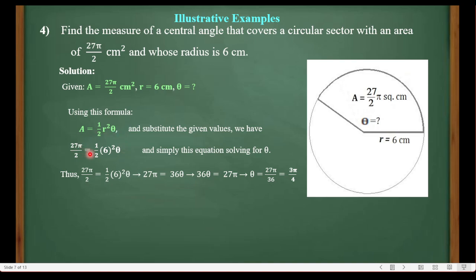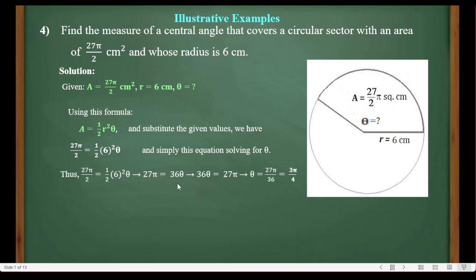So kinopya lang natin and look what happened at the end. So basically, you multiply both sides by 2 in order to eliminate the denominator 2. And that will result to 27 pi equals 36 theta.